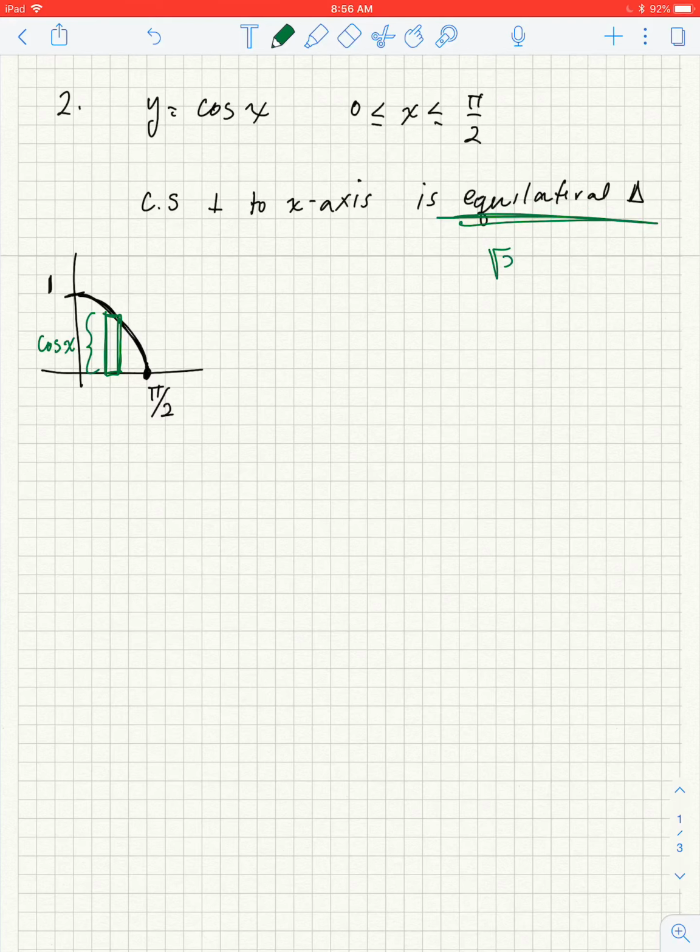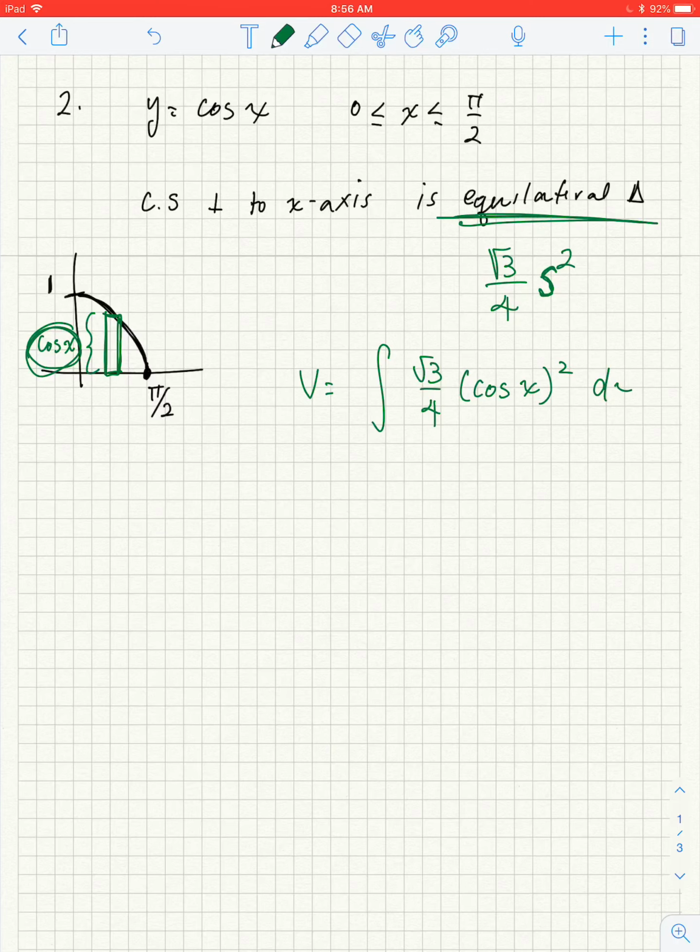And they're saying it's equilateral triangles. So remember my little rule, root 3 over 4, and then whatever the sides of the triangle squared. So the sides of the triangle would be the cosine x. So it'll look like this. Volume equals root 3 over 4, side squared, so that's cosine x squared dx.